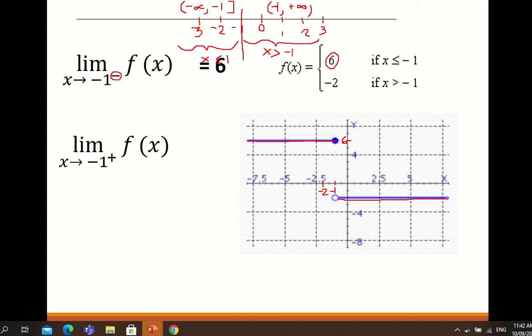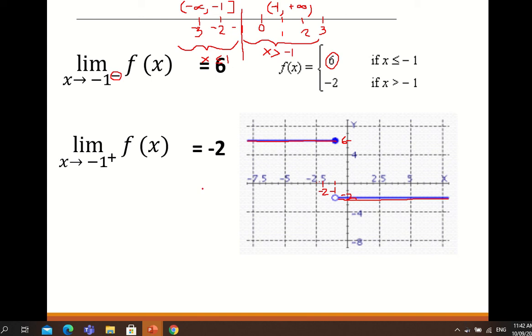For this part of the graph, from the right going to left approaching -1, look at this: this is -1, -2. So this part here is -2. That's why the limit of the function from the right is equal to negative 2. Now both limits exist. From the left going to negative 1, we have positive 6. From the right going to negative 1, we have negative 2.